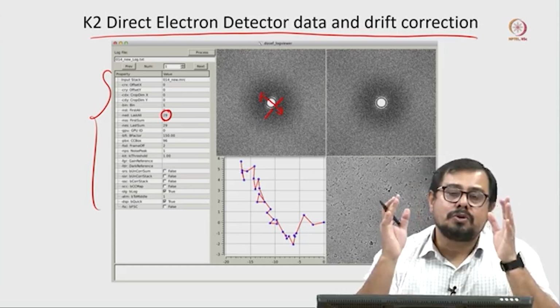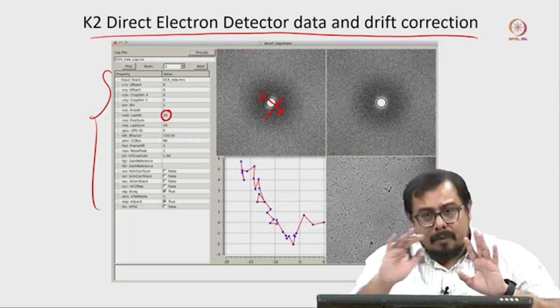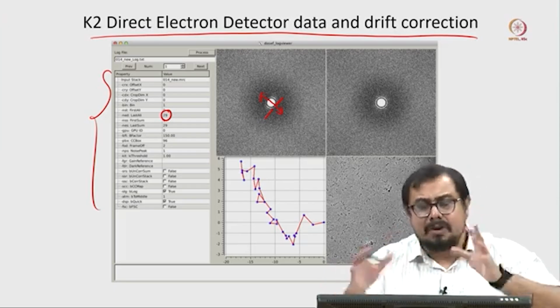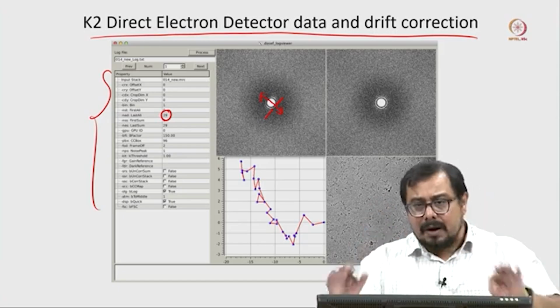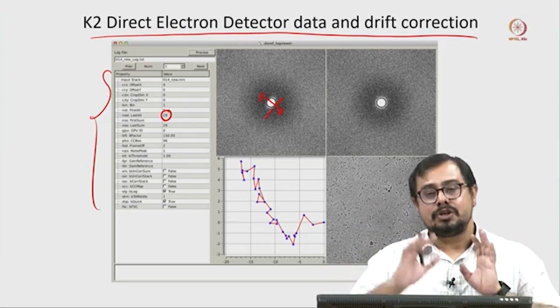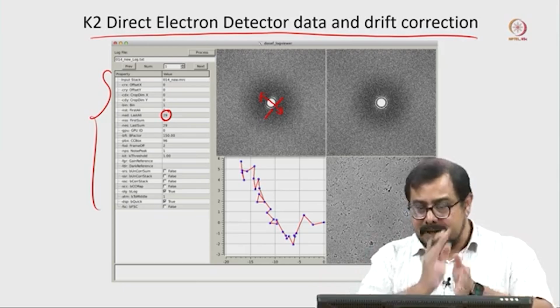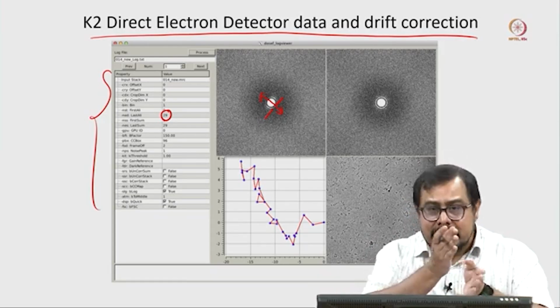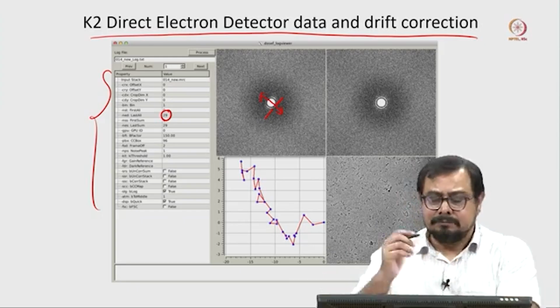That will correct, the overall principle is the same, and the overall outcome will be similar. That is one of the examples I am showing. During data processing, I will show you how those tools like Relion, CryoSPARC or EMAN correct the drift.